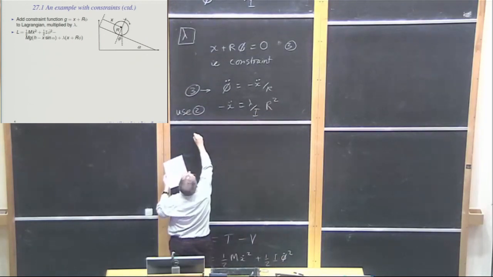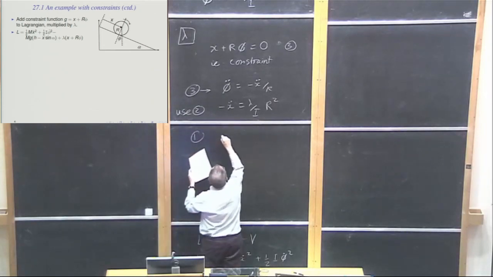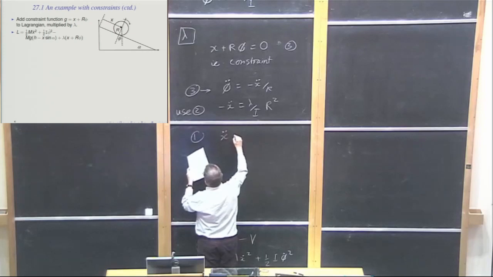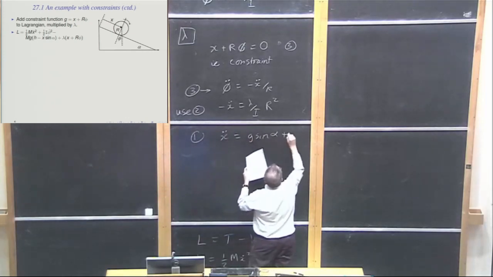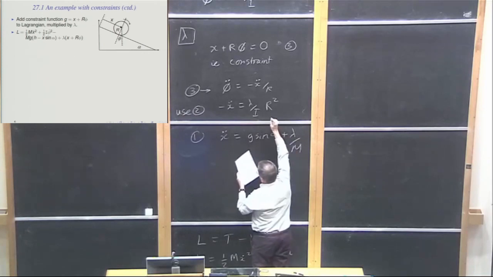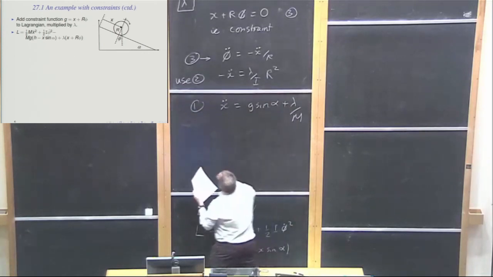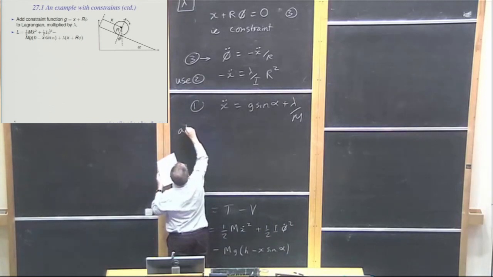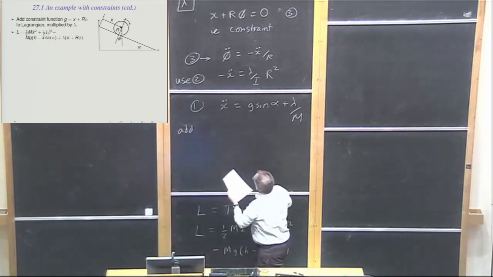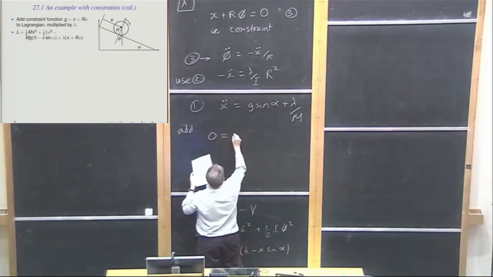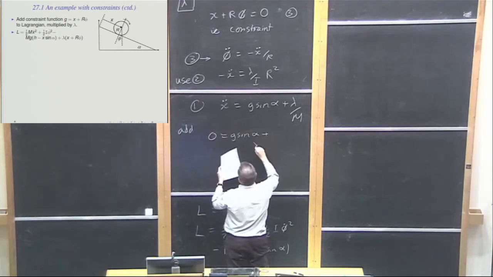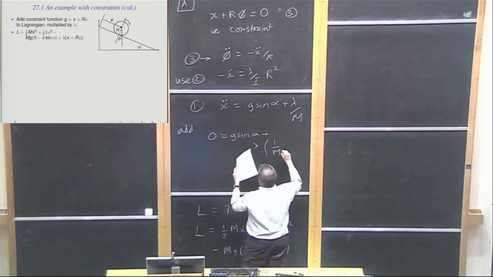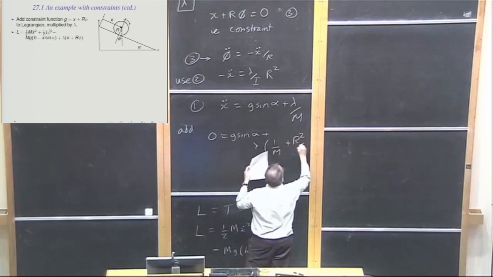And from 1, we have that x double dot equals g sine alpha plus lambda over m. So if we add these together, we get 0 equals g sine alpha plus lambda times (1 over m plus r squared over I).